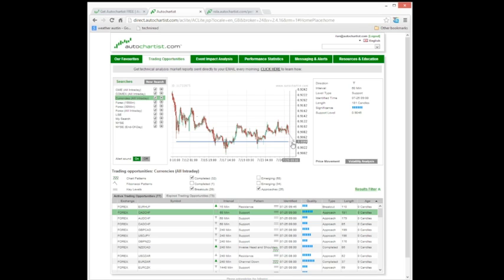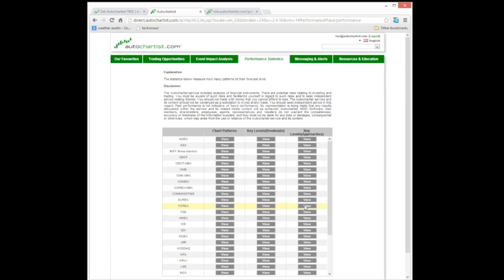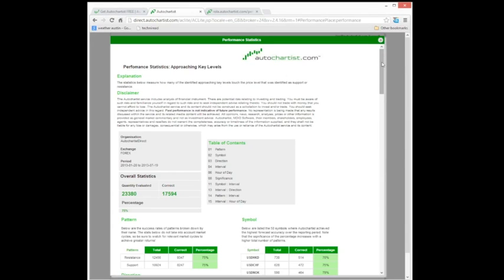Now, again, we provide past historical performance based on these patterns, right? So now we go into the performance statistics section, and we click on this button over here, which is key levels approaches. And we bring up the key levels approaches statistics.